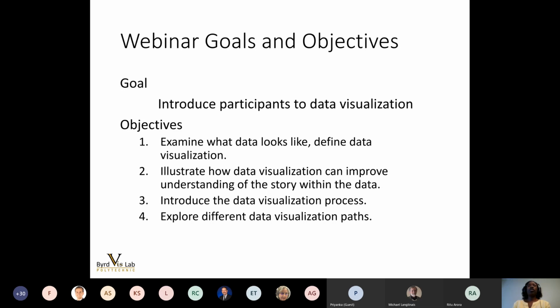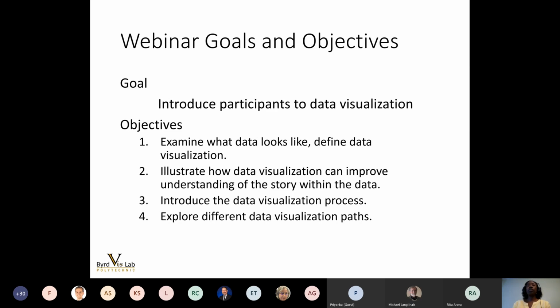The objectives are to examine what data looks like and define data visualization, which is what we did yesterday, and to illustrate how data visualization can improve the understanding of the story within the data. Today, we're going to take an even deeper look into information visualization using the data set that we started with yesterday.